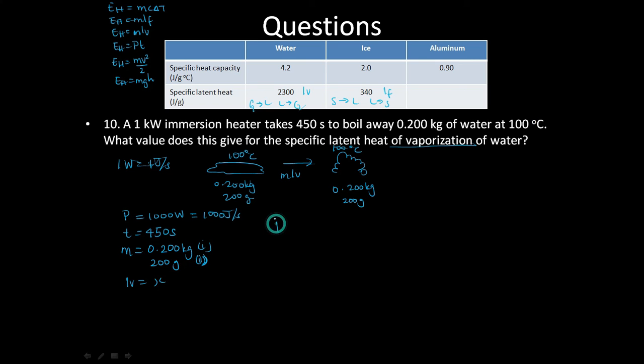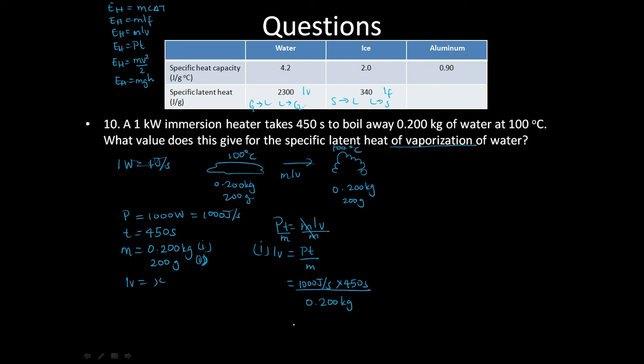So remember, power times time is also equal to MLV, and we're going to use 1 with the kilograms. If we're solving for LV, we have to divide both sides by M. Therefore LV equals PT over M, and that will be 1,000 joules per second times 450 seconds divided by the mass in kilograms.